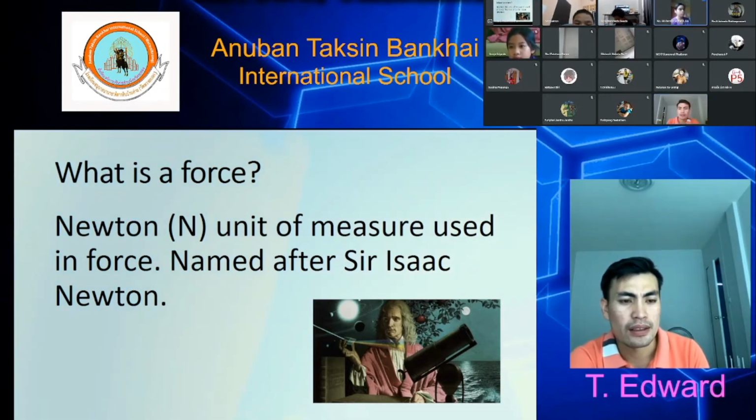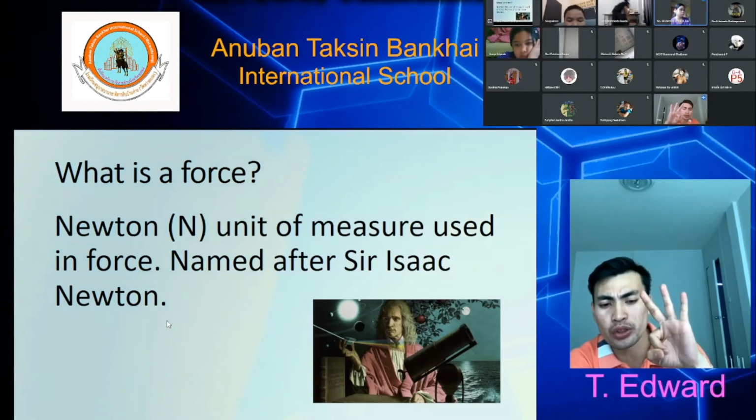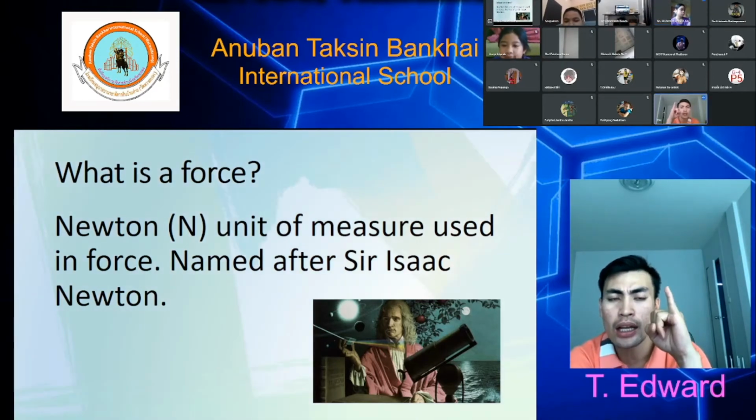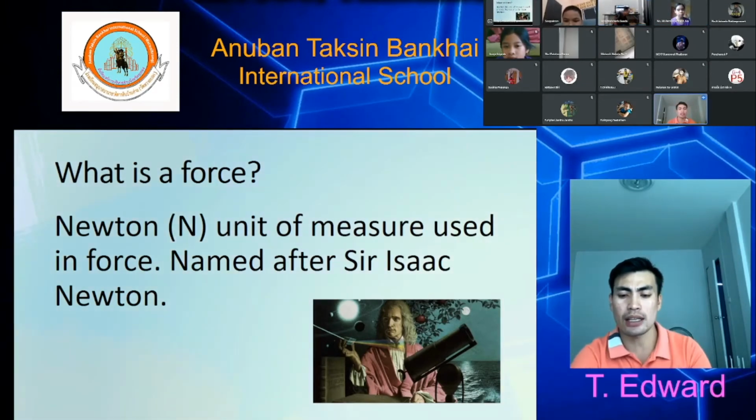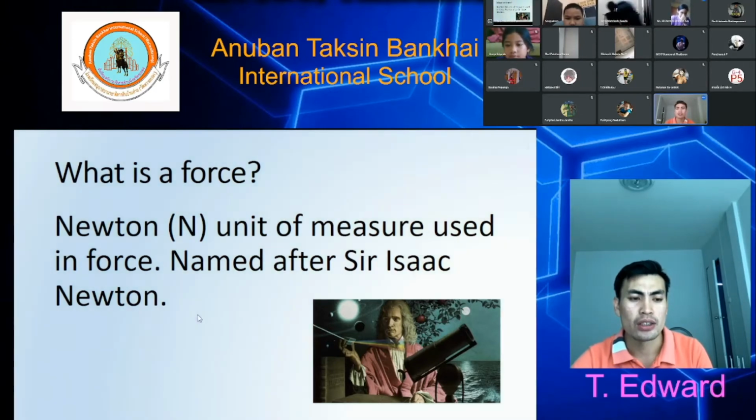Okay. So the word Newton is named after Sir Isaac Newton because he has 3 laws of motion: law of inertia, law of acceleration, and law of interaction. These 3 he called the laws of motion. The motion involves force, and he is the father of this.